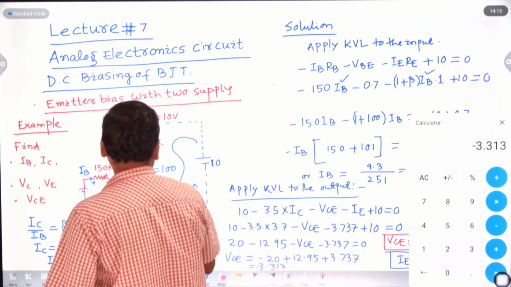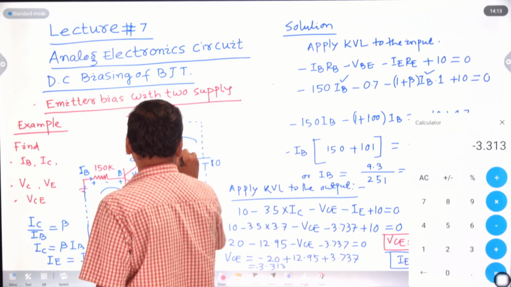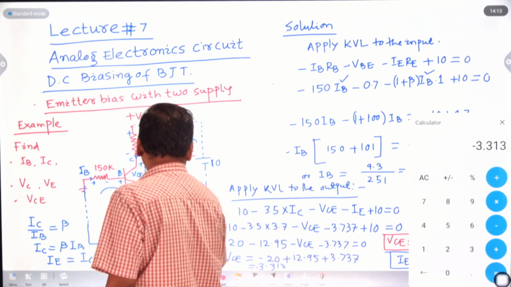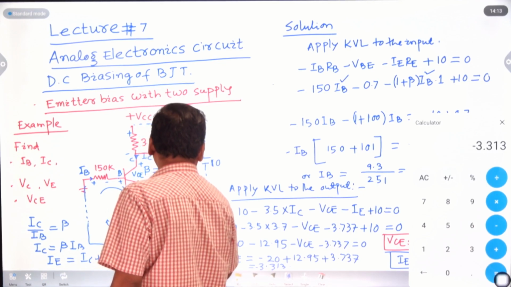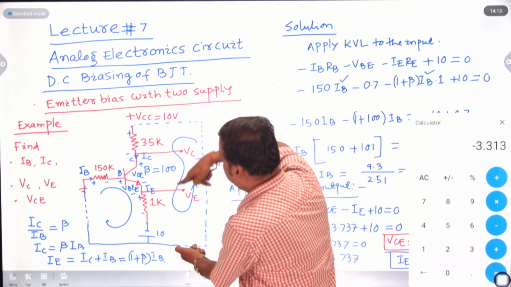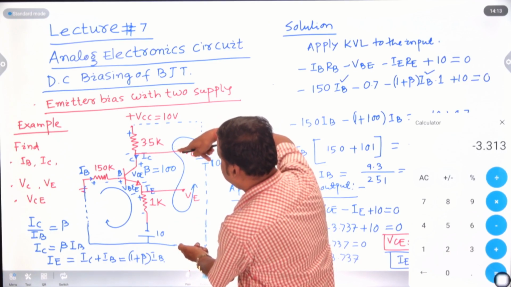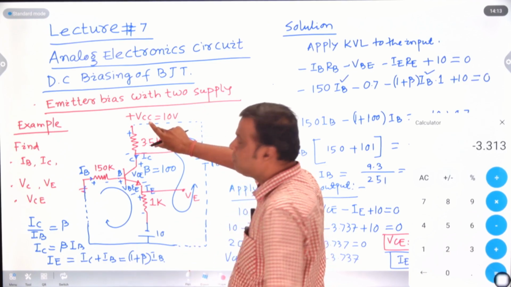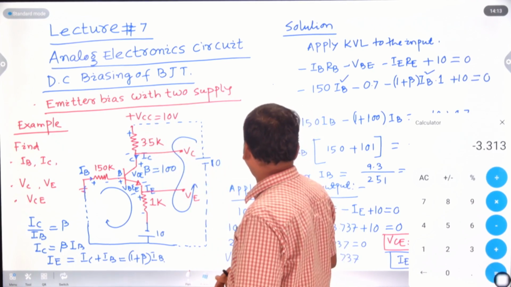What is VC? This is nothing but your VC, and this is your VE. VC is the voltage from this point to this point. Otherwise, this minus this is VC. So how to calculate VC?